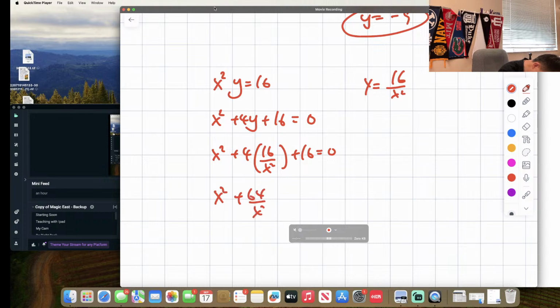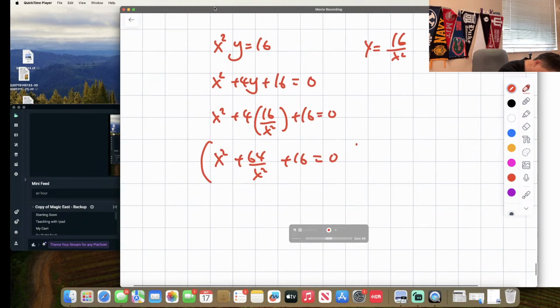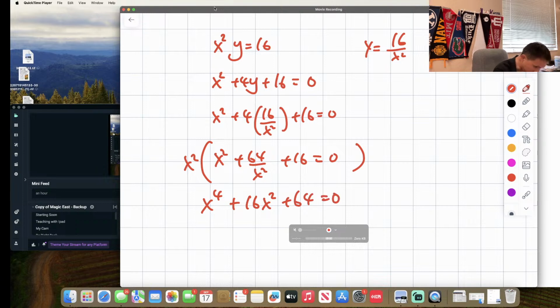Don't copy down anything yet. I don't know if I'm approaching it the right way. I'm going to multiply everything by x squared. Does that make sense? I get rid of the fraction.